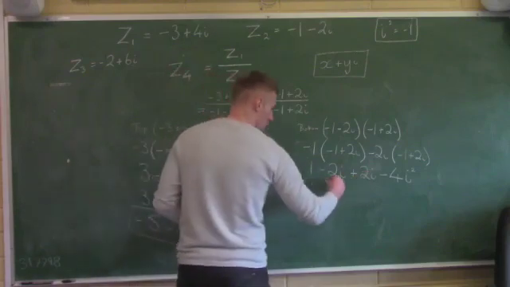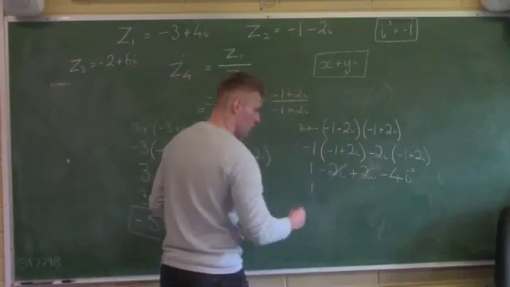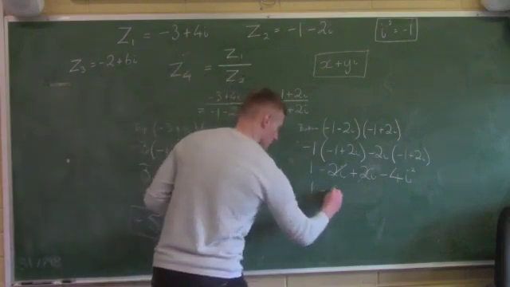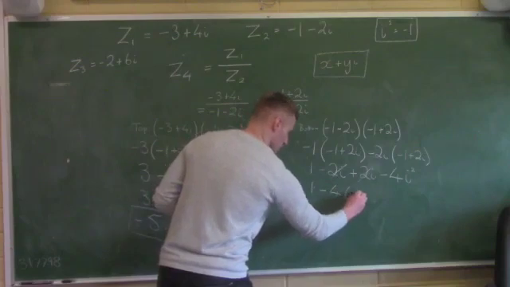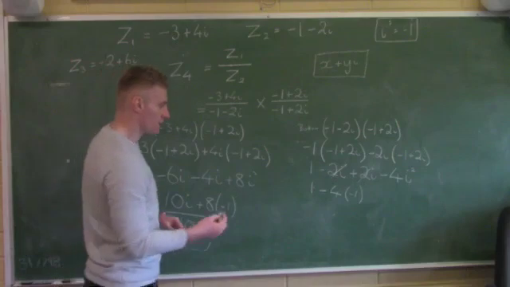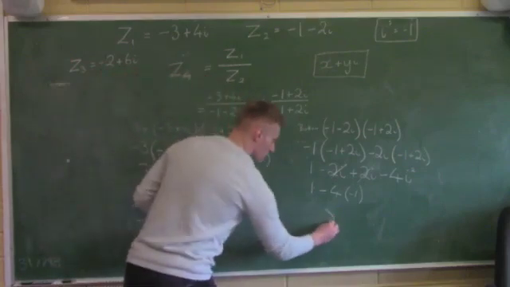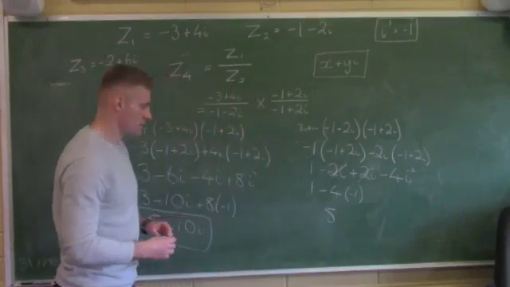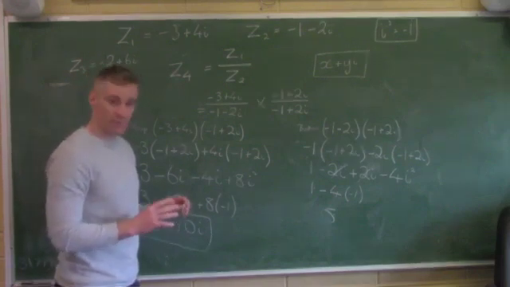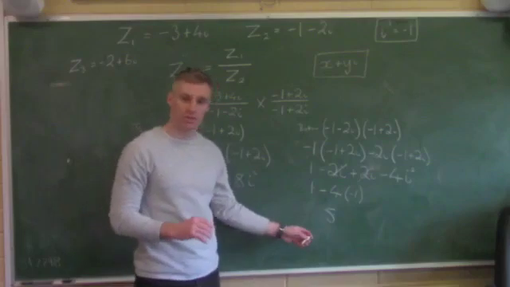My aim was to get rid of all the i's on the bottom. I have done that now. Because minus 4 brackets minus 1, i squared to minus 1, and that will give me 5. Alright? So my aim was to no longer have i's on the bottom. I have now achieved that.